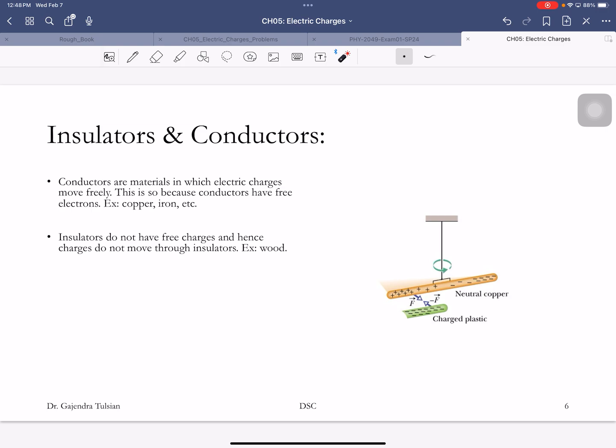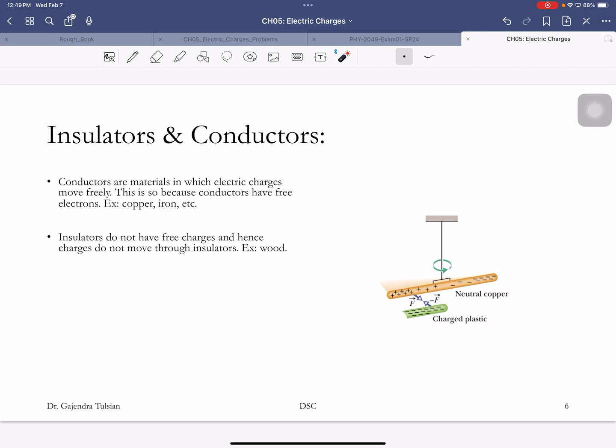All right, what are insulators and conductors? Like just a general, I mean, an insulator contains either like heat or energy. Okay, so now we're talking about electrical insulators and conductors.